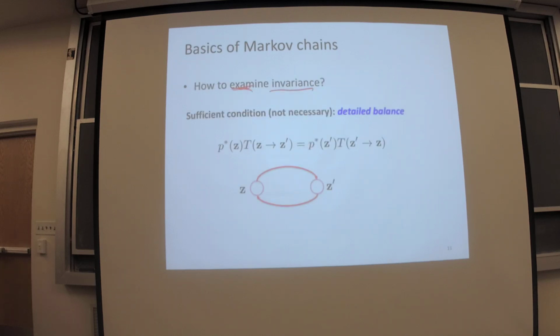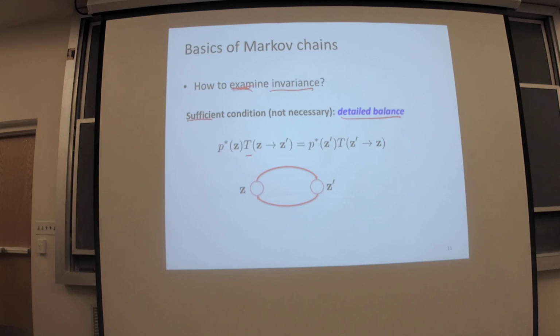So in practice, we often use a sufficient condition to examine the invariance. It's called detailed balance. Remember, this is a sufficient condition. It means that if your distribution satisfies detailed balance with respect to some transition kernel, then I can conclude that your distribution is invariant to this transition kernel, but not vice versa.